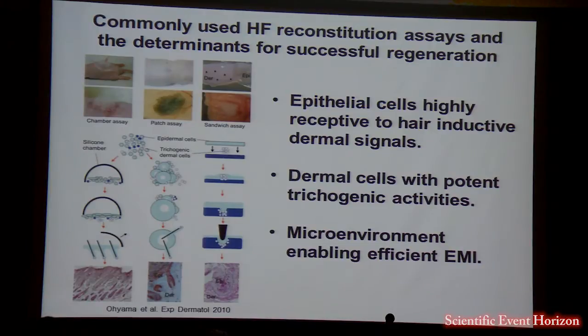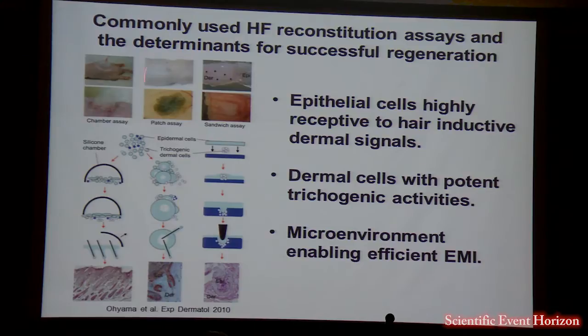And here I listed the representative hair reconstitution assays. This is a chamber assay, in which you combine the epithelial cell component with the trichogenic dermal cells. In most cases, we adopt neonatal mouse fibroblasts and graft them into a silicone chamber, transplanted onto, in most cases, the back of nude mice, and then you get the hair follicle structure like this.